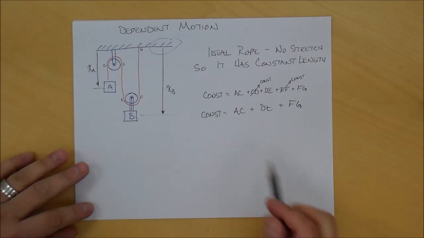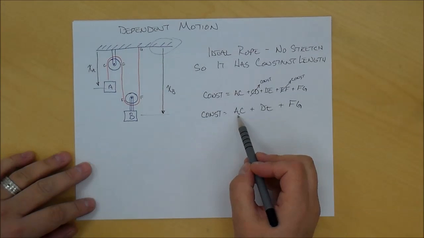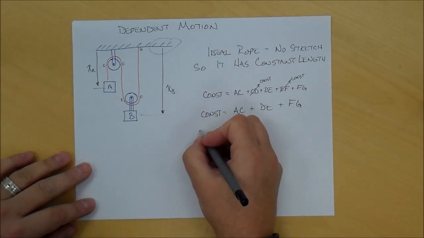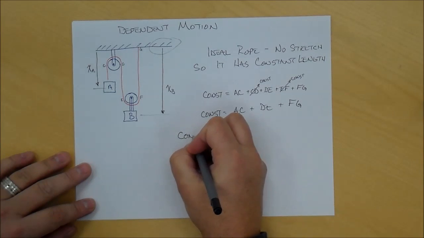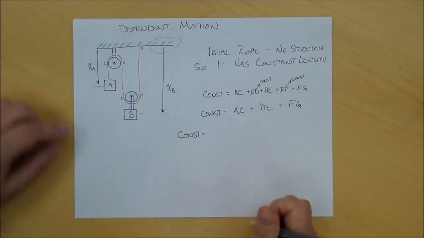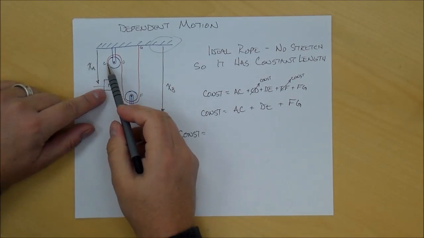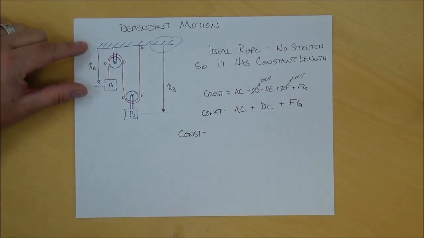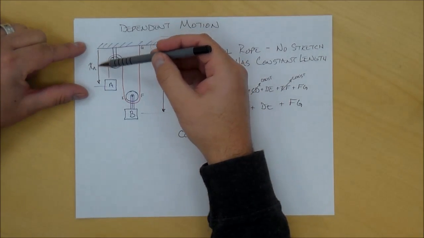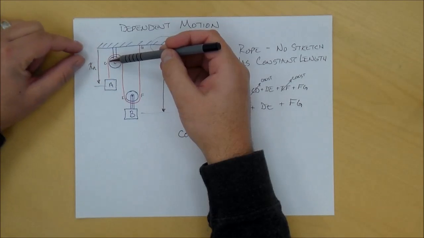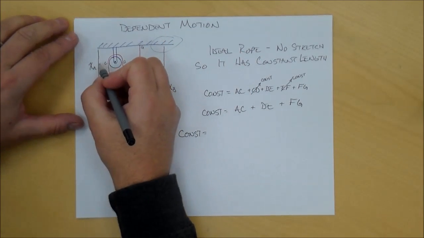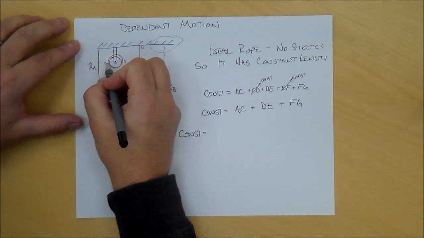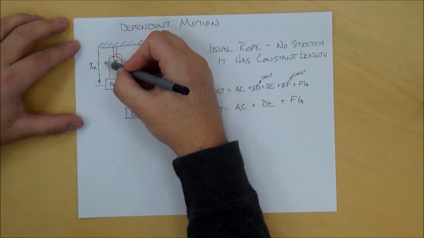All right, next, looking at distance AC, I'm going to rewrite this equation again. The constant is equal to the distance from A to C, which I would like to point out is related to the distance x sub A. It's equal to this distance x sub A minus this distance here, from here to there.